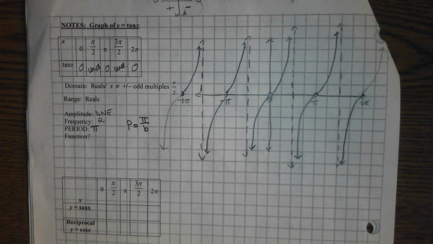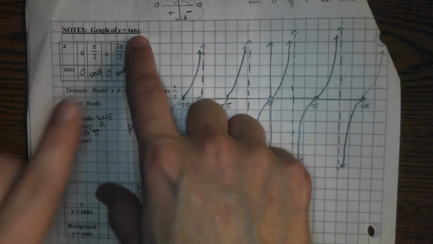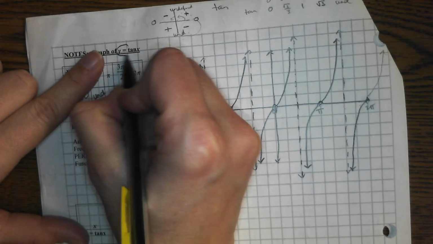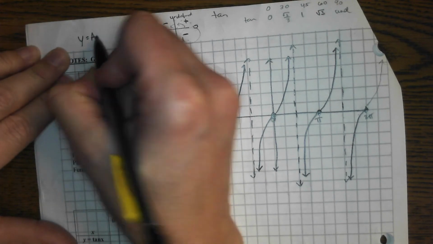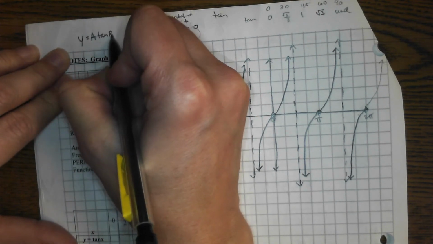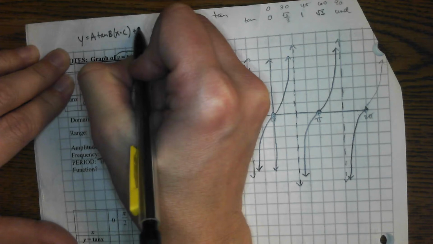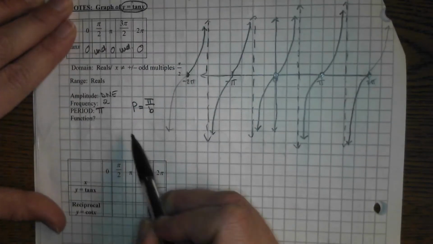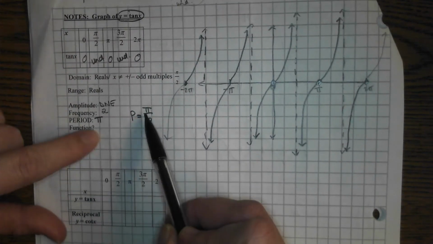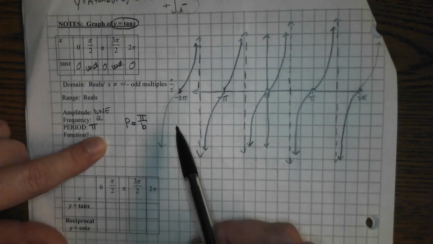And a question about the function. This b value, that's your thing. So this is technically y equals a tangent of b x minus c plus d. Your b is 1. So our period for the parent graph anyway is still pi over 1, which is still pi.